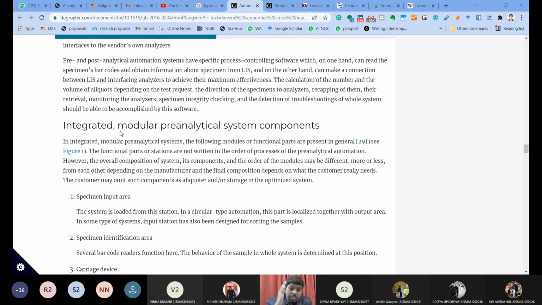They will restrict the device to accept only one type of samples or reagents from their company. Such systems are called integrated systems. And integrated systems have this demerit: there is no flexibility. The user choice is limited because of these restrictions by the company.